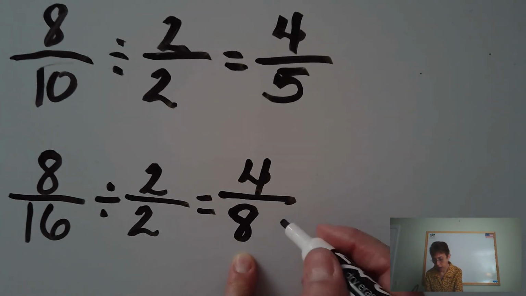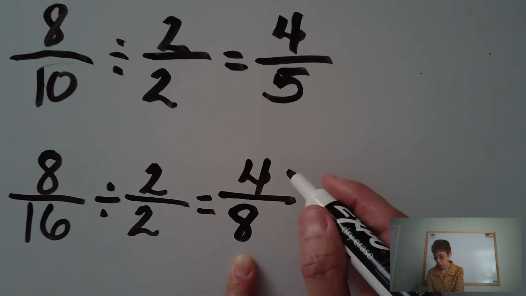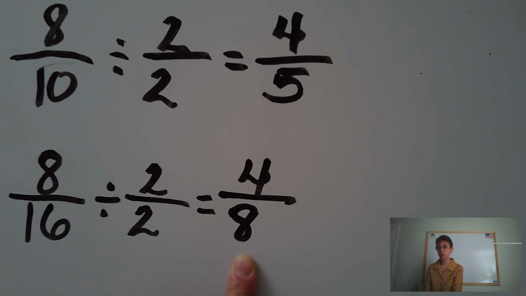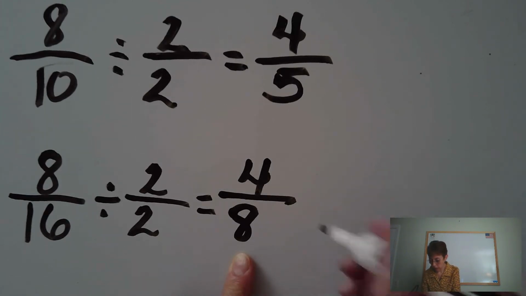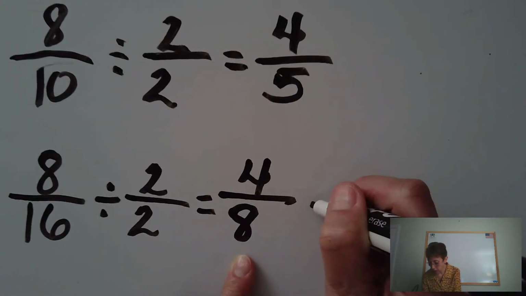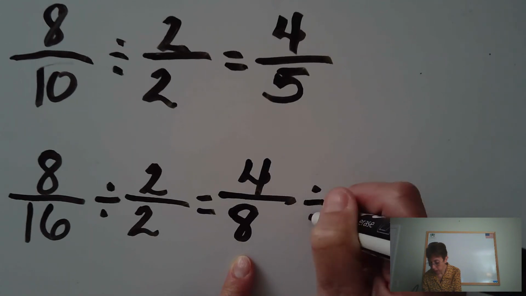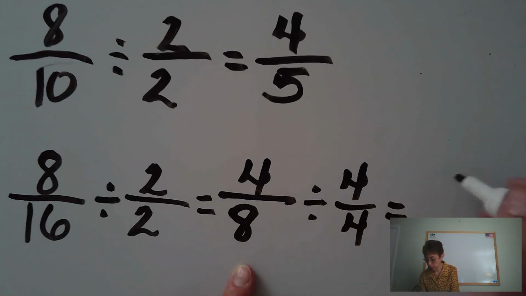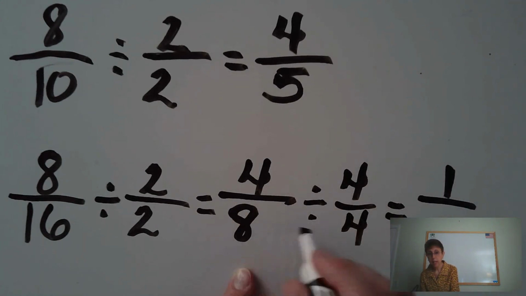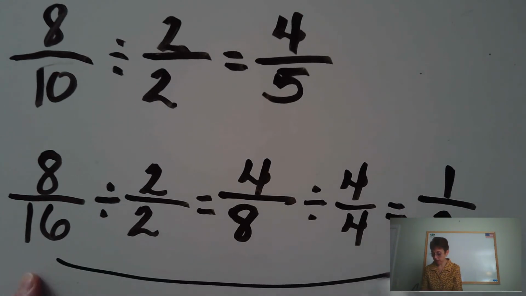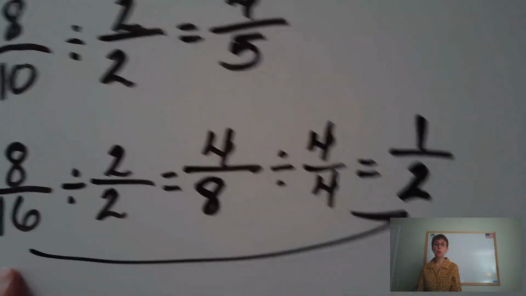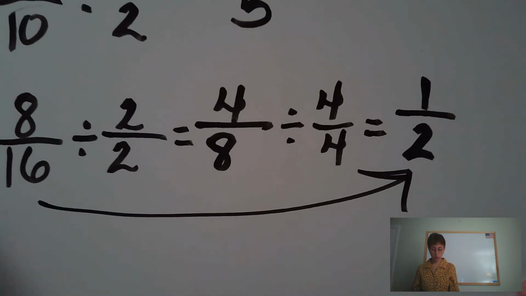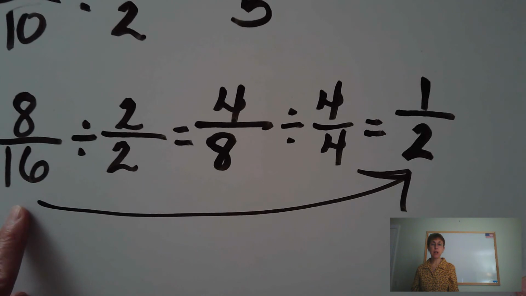So I would say, okay, what can I divide the 4 and the 8 by? And you might say, well, you can divide both of them by 4. So let's do 4/4. And then we have 4 divided by 4 equals 1, and 8 divided by 4 equals 2. So actually 8/16 should be reduced to 1/2. And remember what I told you, when your numerator is half of the denominator, it's always equal to 1/2.